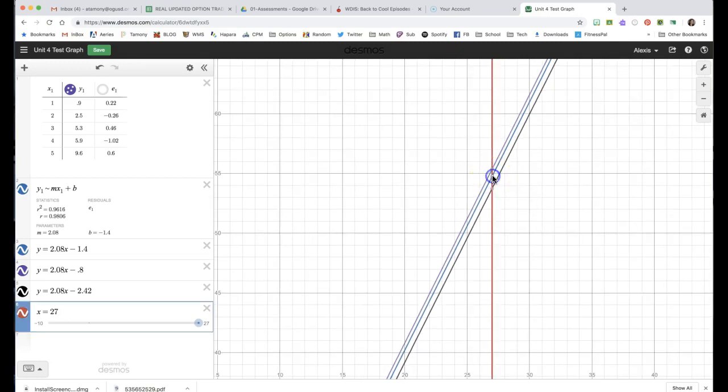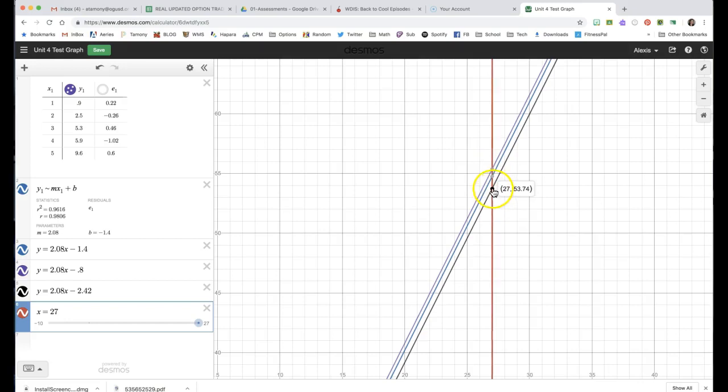How do I get that to go away? There we go. Our predicted value is 54.76. Our upper bound value is 55.36. Excuse me, I'm really struggling here. Can't use my words this Sunday morning.